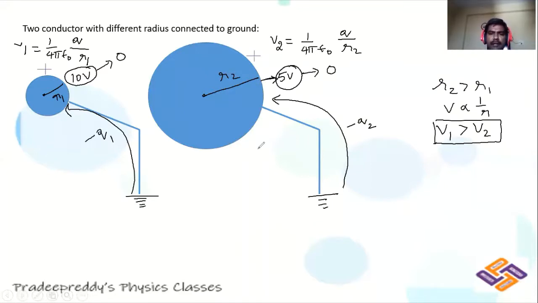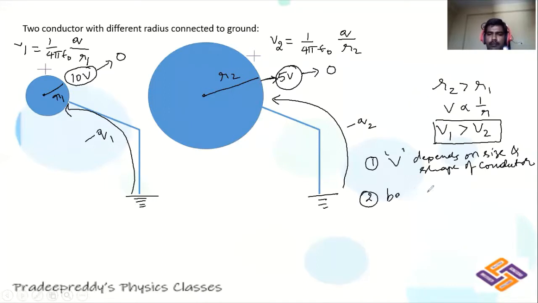Now from this activity we are able to draw two conclusions. Number 1, potential depends on size and shape of the conductor, right? Number 2, based on potential, charge transfer takes place.